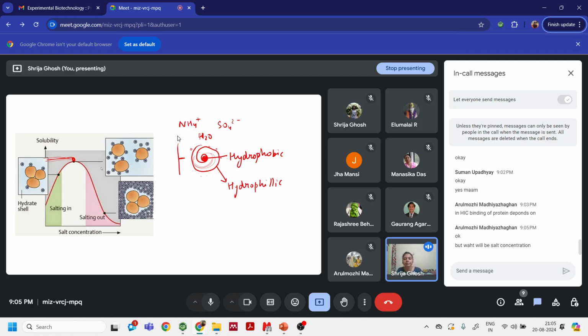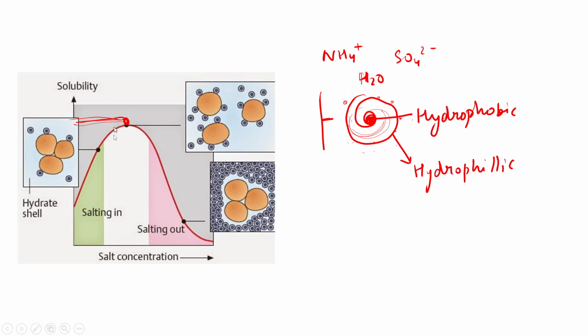So what will happen, we will have the salt concentration somewhere here. Okay, if we have the salt concentration somewhere here, that is, it's a high salt concentration. Then we will slowly decrease the salt concentration. When we are slowly decreasing the salt concentration, now water molecules can again replace the salt ions. It's a competition between the salt ions and the water molecules, right? So when we are decreasing the salt concentration in case of HIC, the protein will again become more and more hydrophilic, like protein will come into a hydrophilic environment.